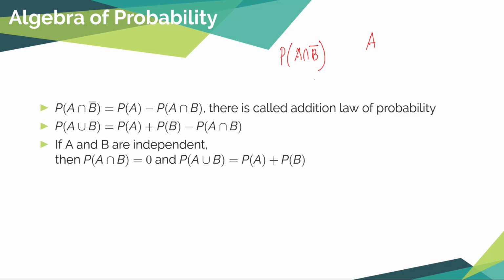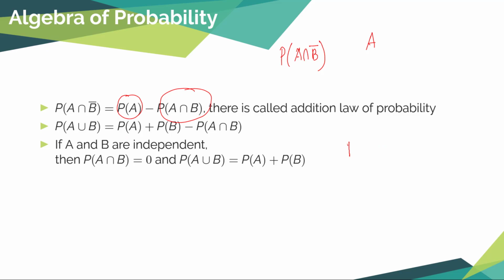So B does not happen is denoted by B bar, A happens is denoted by A. Intersection means both the events should happen simultaneously, right? So this is given by the probability of A minus the probability of happening of both the events simultaneously. That means A and B simultaneously happen, right?